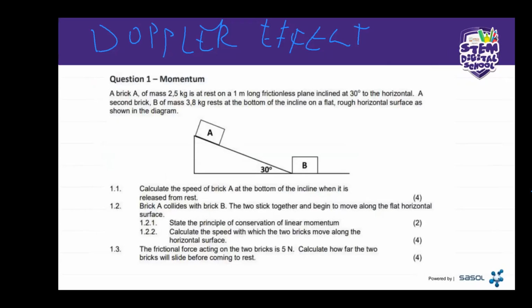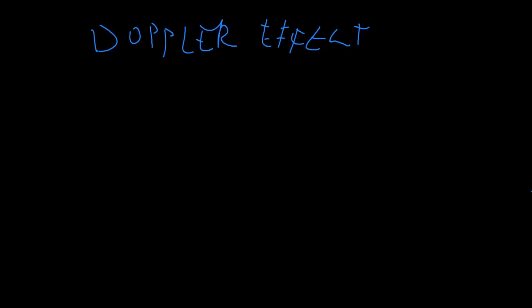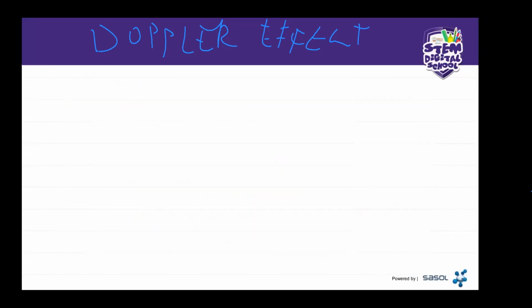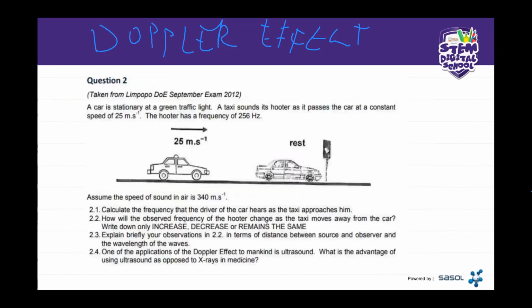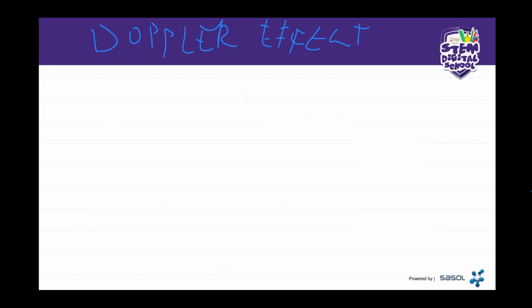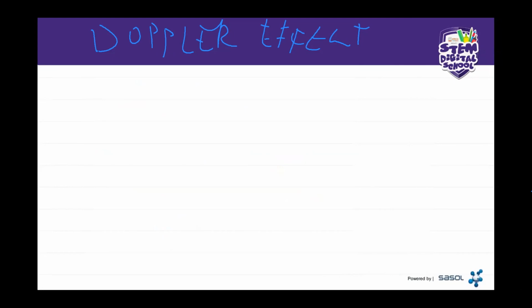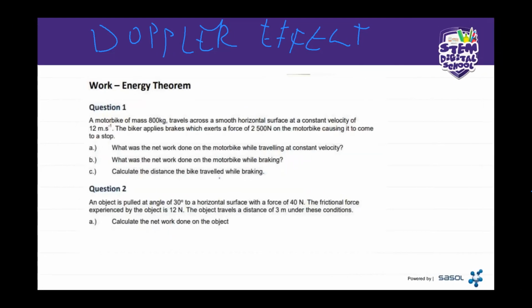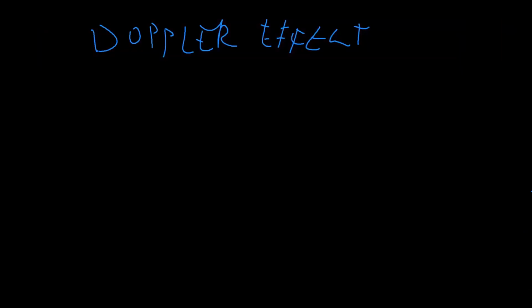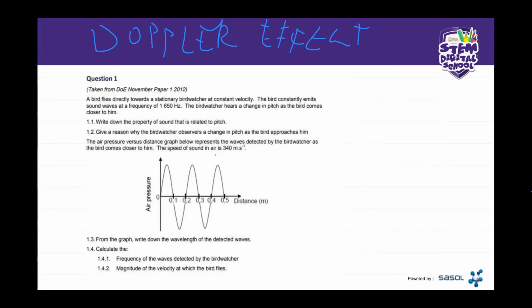Oh, there's a problem that I thought was here, but it's not here. But nonetheless, we'll still make it without it. It was a very interesting problem, but nonetheless, we can continue with our Doppler effect. Okay.